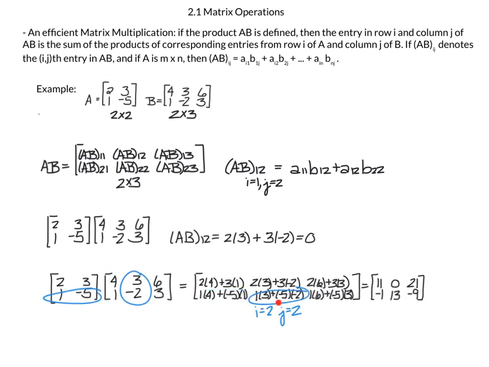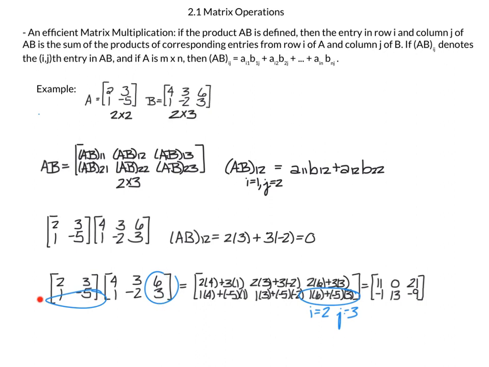For the second row, second column of AB, we take the second row of A times the second column of B. 1 times 3, negative 5 times 2. And finally, we have the second row, third column of AB. That's the second row of A times the third column of B. 1 times 6 and negative 5 times 3.